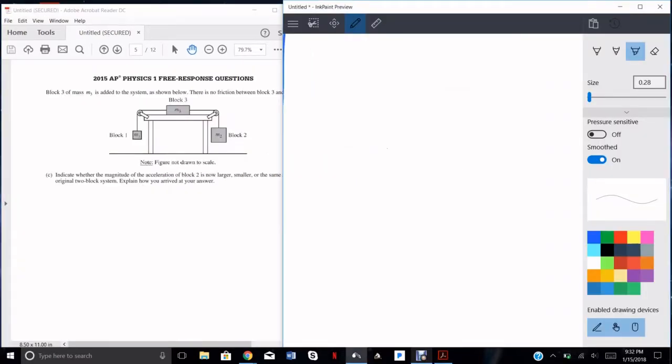We can solve this by using the equation force equals mass times acceleration. There is the same net force in the system, so force net is not changed. It's still equal to m2g minus m1g.